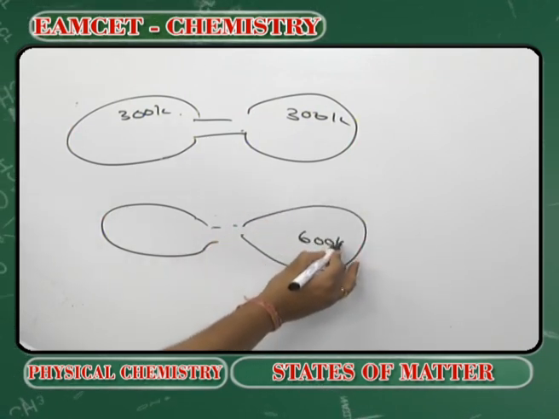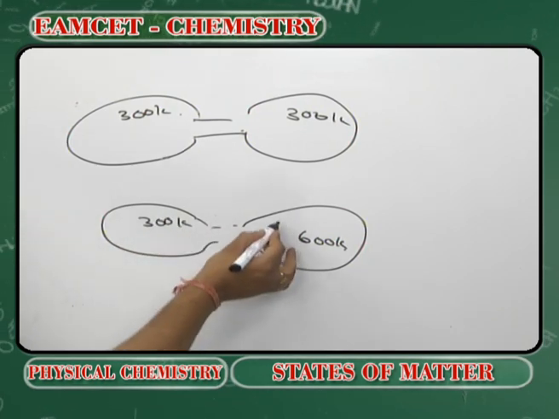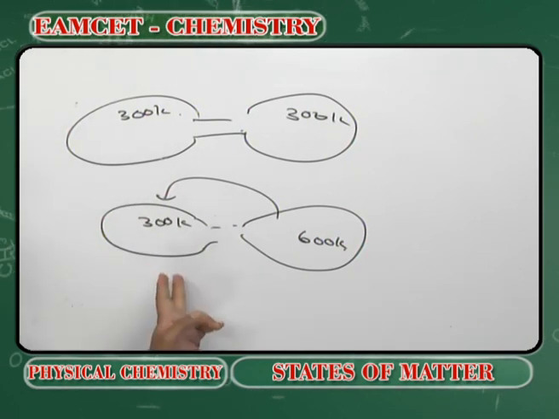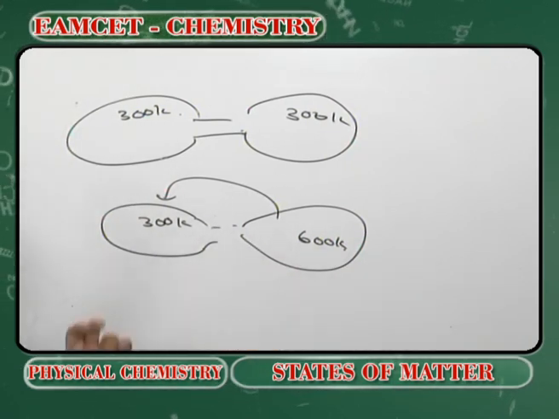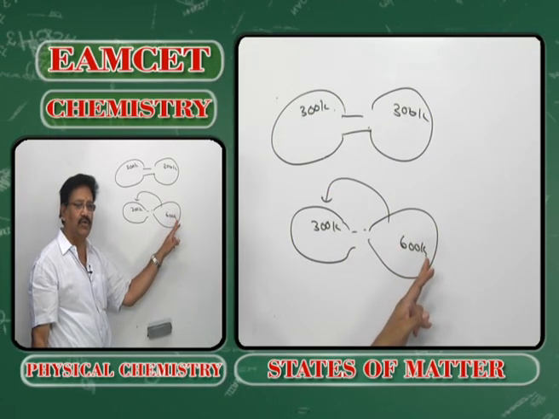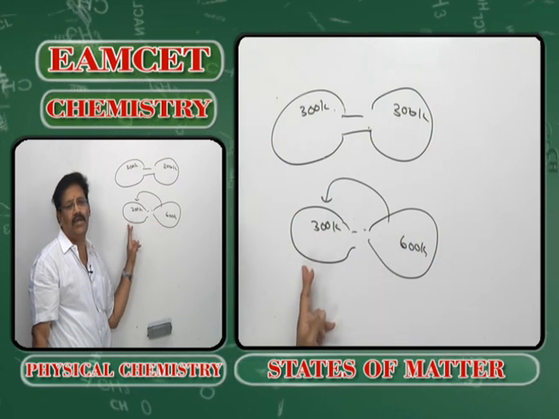Molecules get diffused from the hot bulb to the cold bulb. When two flasks are maintained at different temperatures, the gas molecules diffuse from the hot bulb to the colder bulb.